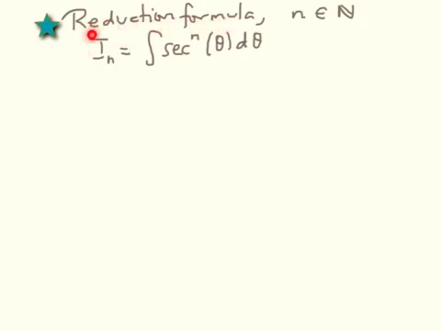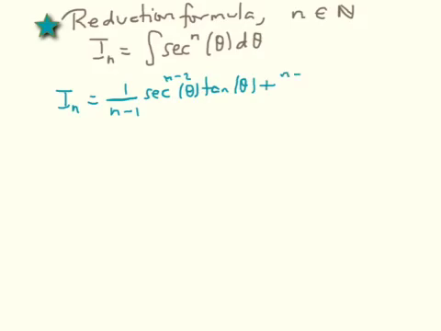Defining the integral I_n to be the integral of the secant to the power n, and again we're thinking of n as being a natural number, a positive integer, then the reduction formula that one can obtain is that I_n is equal to 1 over n minus 1 times the secant to the power of n minus 2 of theta times the tangent of theta, plus n minus 2 over n minus 1 times the integral with the label n minus 2.